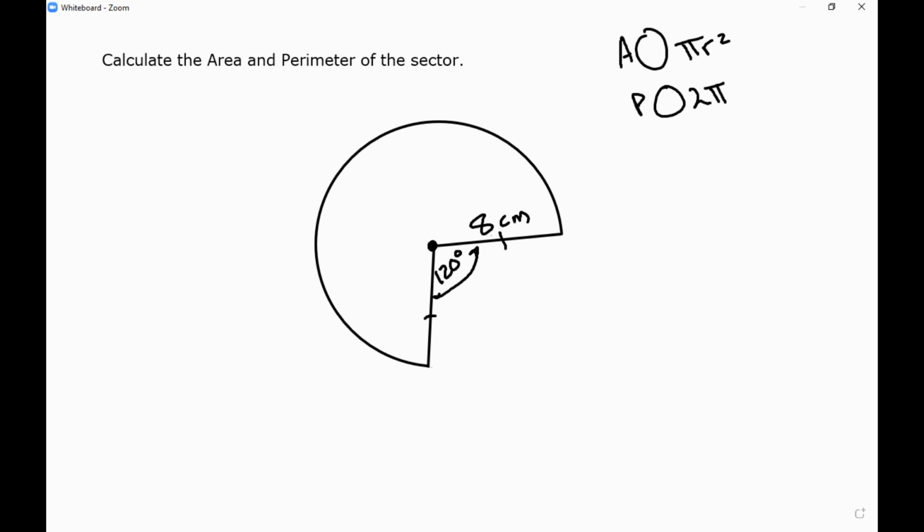Get me an area, get me a perimeter. You've got 2 minutes, and then I'll go through it in 2 minutes only. All right, give it a go. Press pause, try it. Press play when you're done.